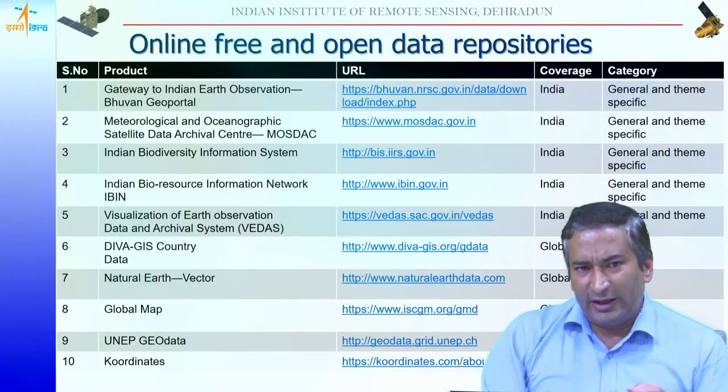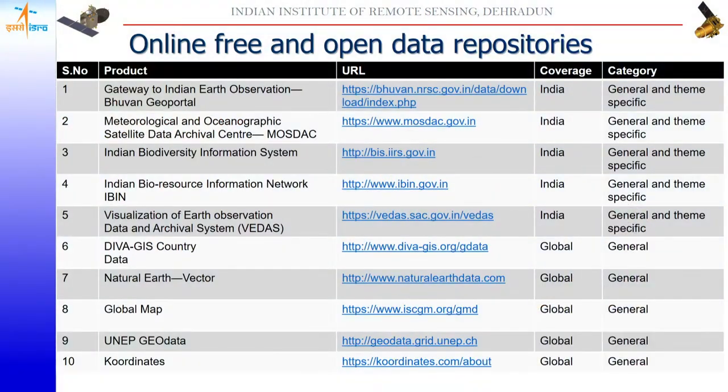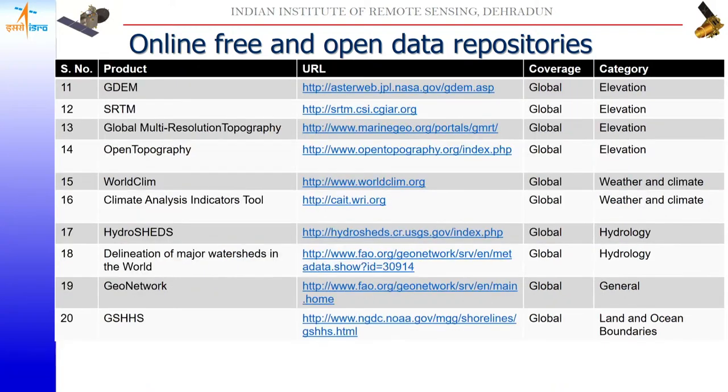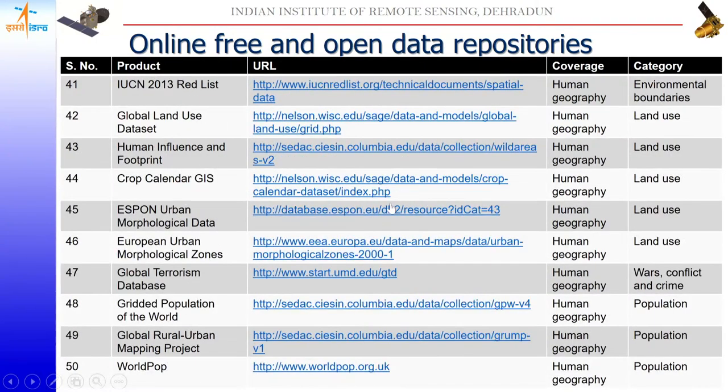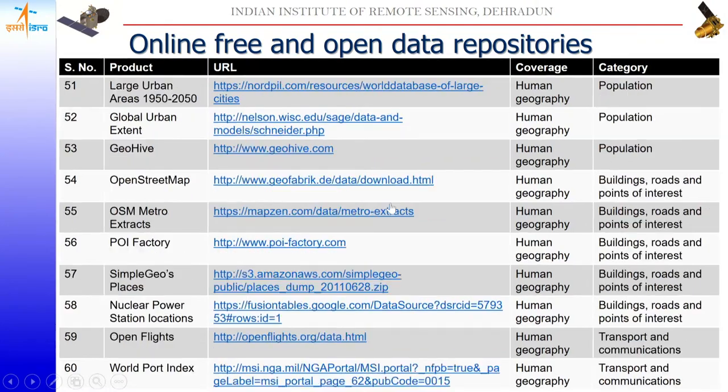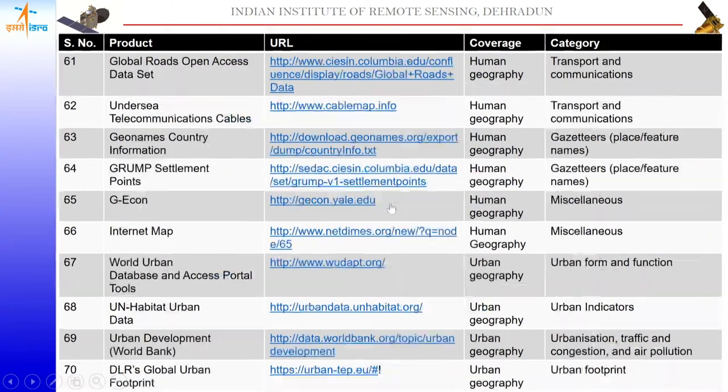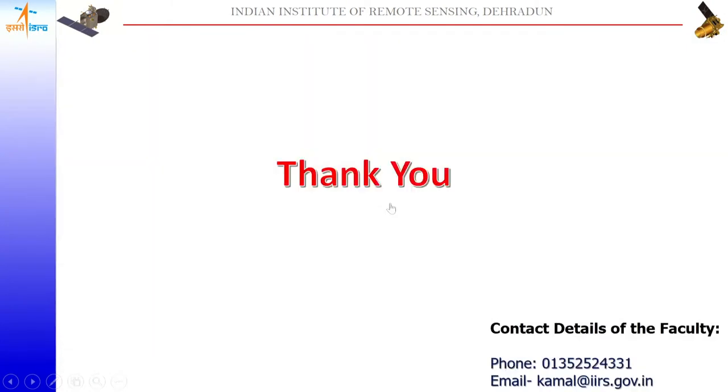A list I have created wherein you can explore any kind of data set, like WindClim, OpenTopography or GeoNetwork. Along with the URL I am leaving it over here, and you can use it for your research or any other project work. So with this I come to the end of this slide.